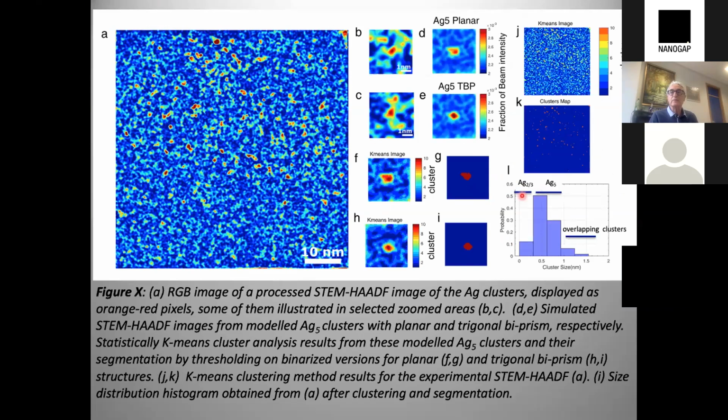Here you can see that this is a mixture of silver 2, silver 3, silver 5, and these large signals are overlapping clusters. So in this case, you see that mainly you have silver 5 clusters with a small proportion of small clusters.